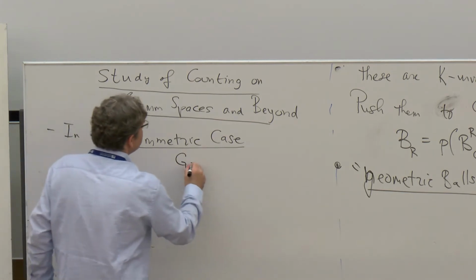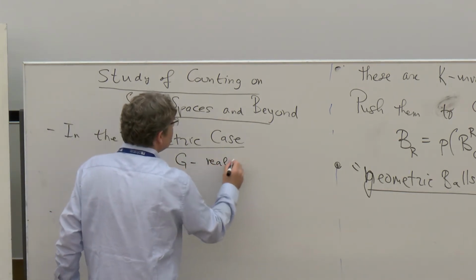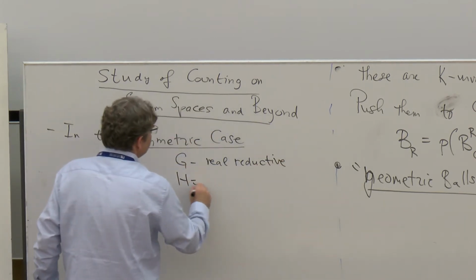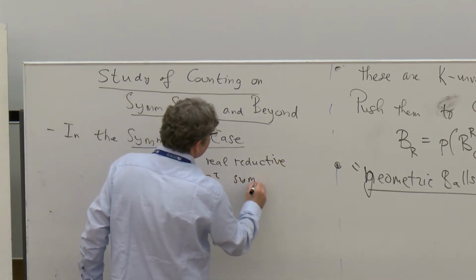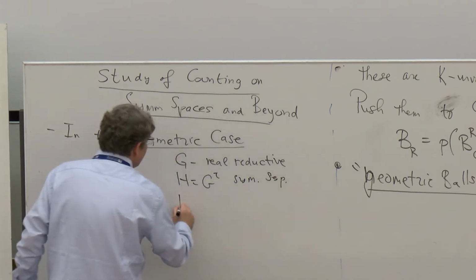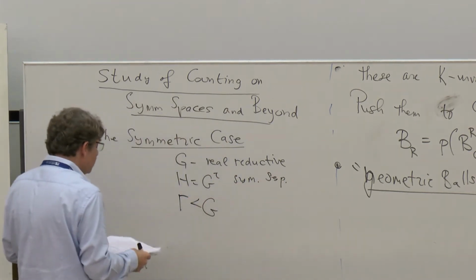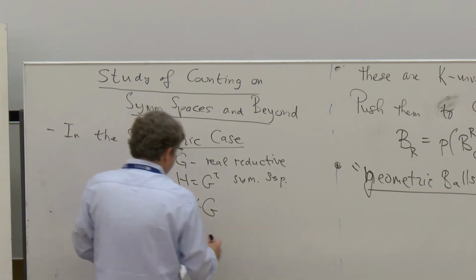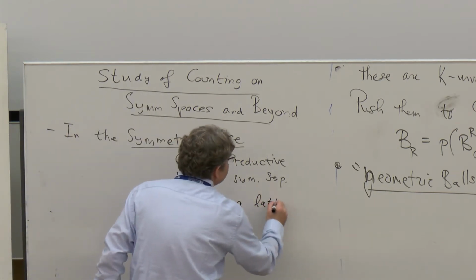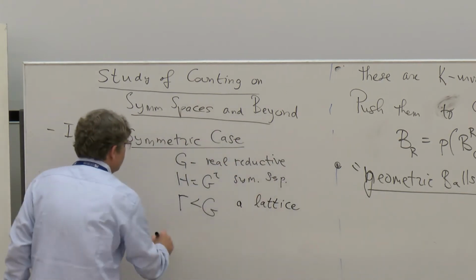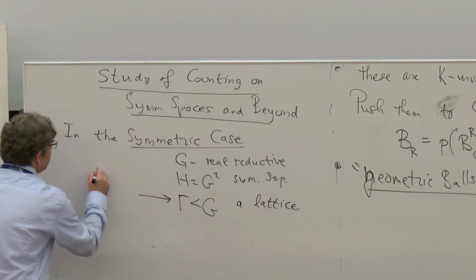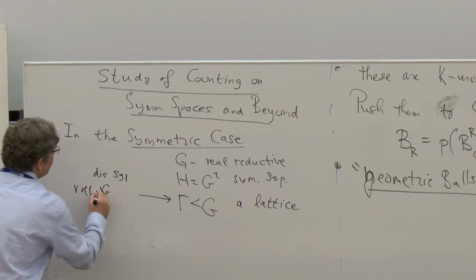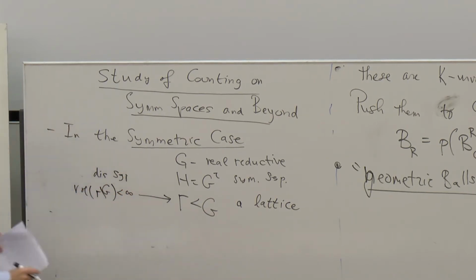G is a real reductive group, as I said earlier. H is a symmetric subgroup. And gamma in G is a lattice, which formally means that it's a discrete subgroup so that the volume of G mod gamma is less than infinity.